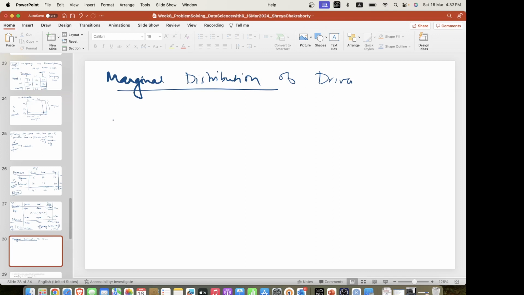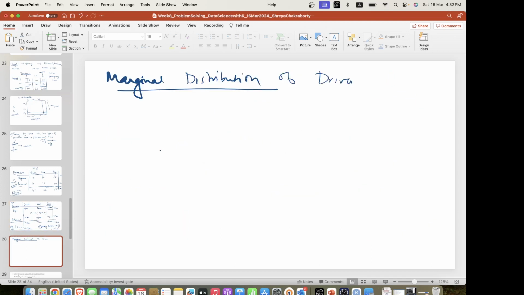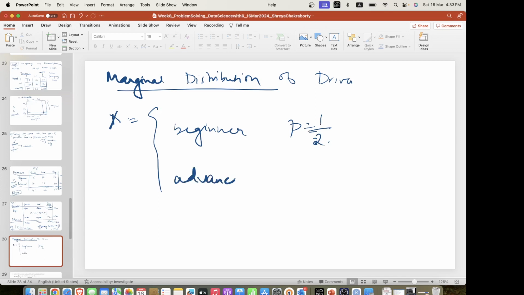So then the marginal distribution of driver experience is that beginner, how many? It is half and advanced also is half. So X beginner, that probability is half, and X advanced probability is also half.